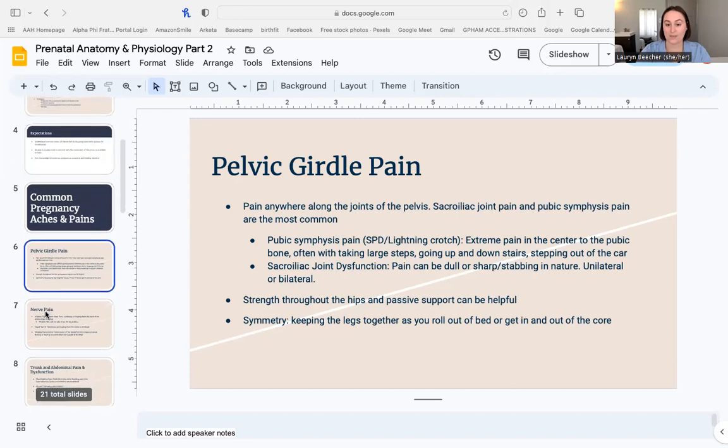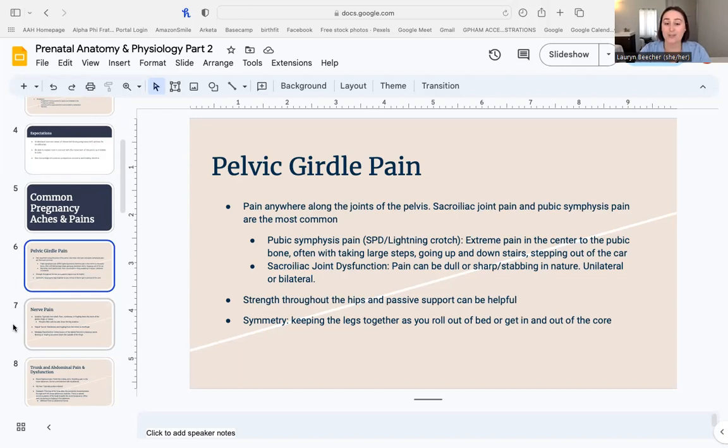One other thing to keep in mind here, someone might be wearing an SI belt or a support belt of some kind. Sometimes it's helpful to remove those supports during gentle physical activity. That way you're giving your muscles the chance to support you and do the work of supporting your body.